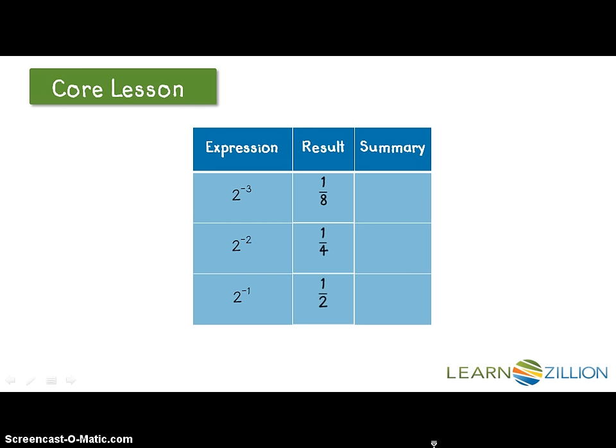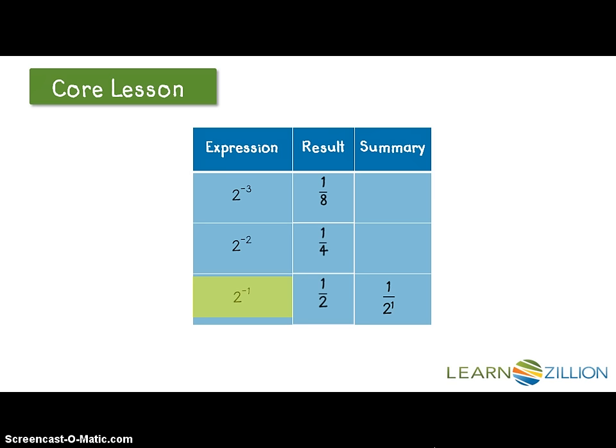So let's take a look at the top 3 rows of that previous table. We're just looking at the negative exponents. If we need to summarize this, I could start with 2 to the negative first power, and I know it's equal to 1/2, and I know that 2, the denominator, is equal to 2 to the first power. So I could say that 2 to the negative first power is equal to 1 divided by 2 to the first power.